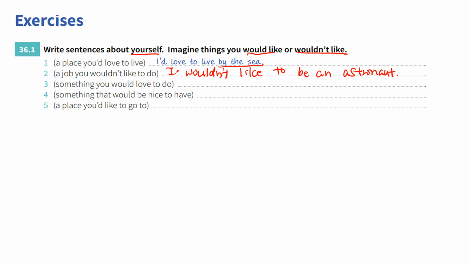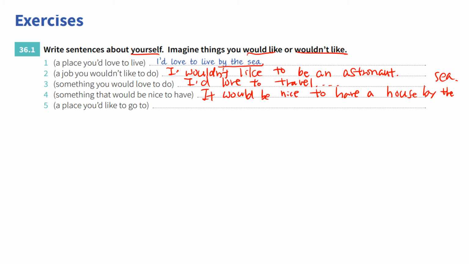Something you'd love to do. I would love to travel. I would like to travel anywhere. It doesn't matter where, anywhere. Something that would be nice to have. It would be nice to have a house by the sea, so I can swim and I can fish.